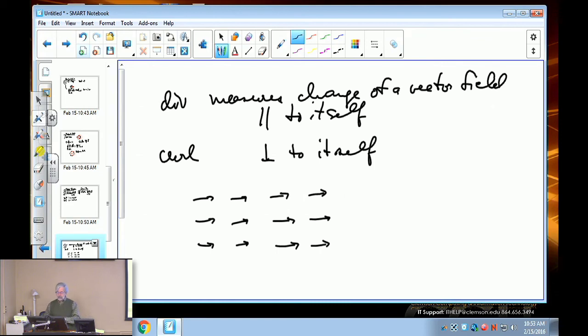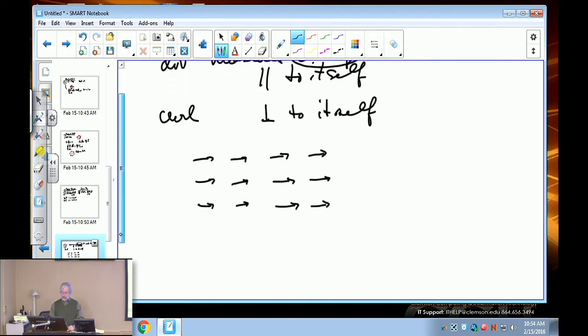That means the flow is uniform. Everything is headed in the same direction. So both the divergence and the curl of this would be zero. Nothing is changing.